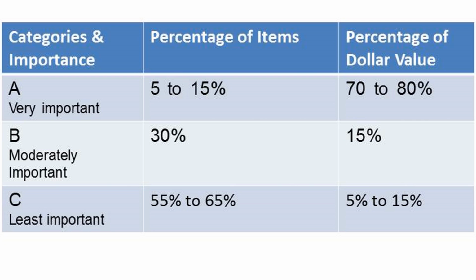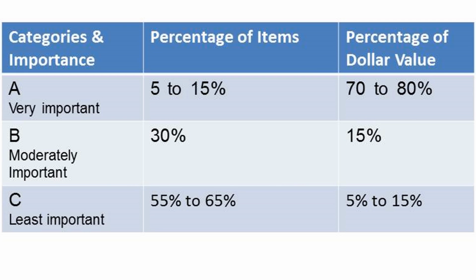So when you classify these items in 3 categories, A, B, and C, and if you're using dollar value, you will notice that item A are very important. They are very few in number, 5 to 15% of total inventory items, but they account for 70 to 80% of dollar value.